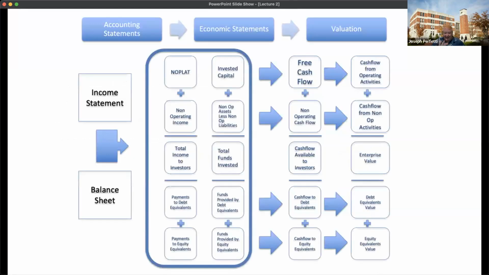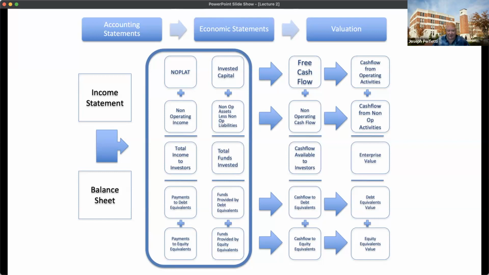The other key topic that I want to make sure everybody understands is the 3-step process that we're going through, which is different than the 2-step process that most people go through. The first step is we start out with the accounting statements, income statements, and balance sheets. Then we figure out what's operating, what's non-operating, what is a debt equivalent, which is anything that's interest bearing, and what is an equity equivalent, which is something that's a return to the shareholders.